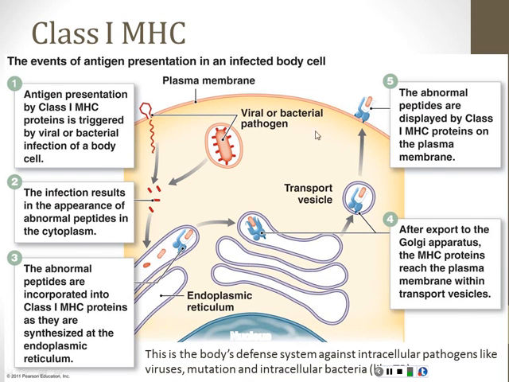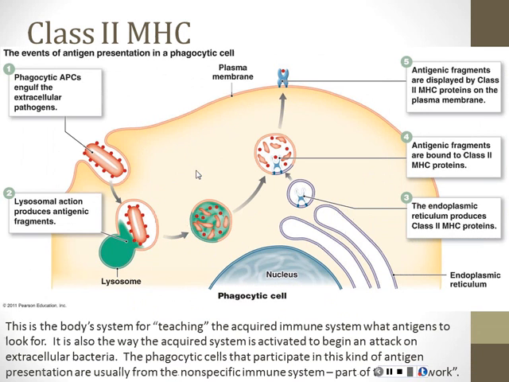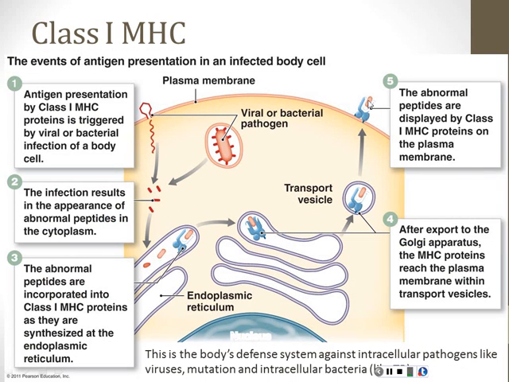So once that MHC molecule with an antigen is present, the immune system can do its thing and identify this cell as infected. All right, so that's the class 1 system. In the class 2 system, it's pretty much the same general effect, but the cause is different. So in the class 1, how did this antigen end up in here?